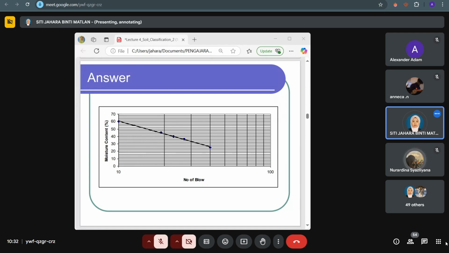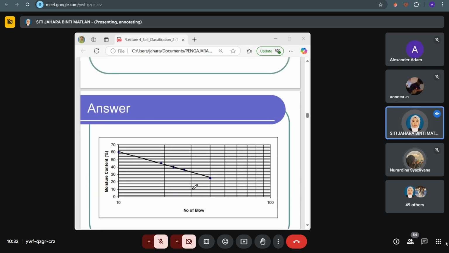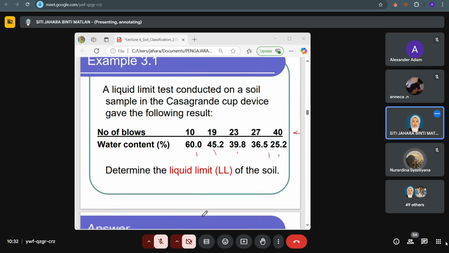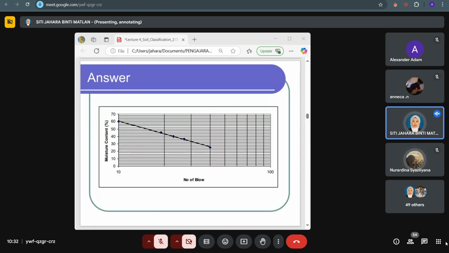And then we plot the data points given from the table in this example, number of blows and water content. Plot in the graph, and then we draw the best fit straight line. Then from this line we read the water content at 25 blows.